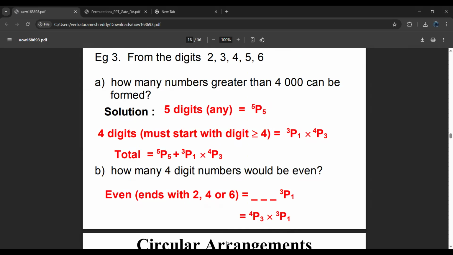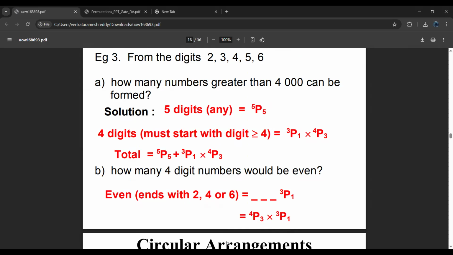The number must always start with a digit greater than or equal to four. How many numbers are possible to start with? Three, because four, five, six are the only possibilities which give a number greater than 4000. That's why out of three we select only one, so 3P1.